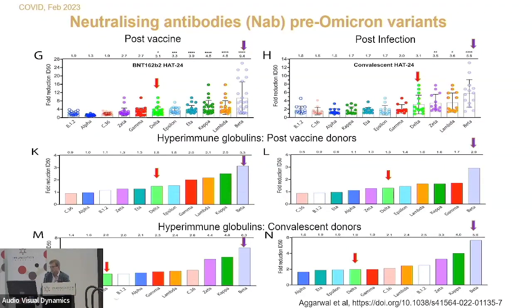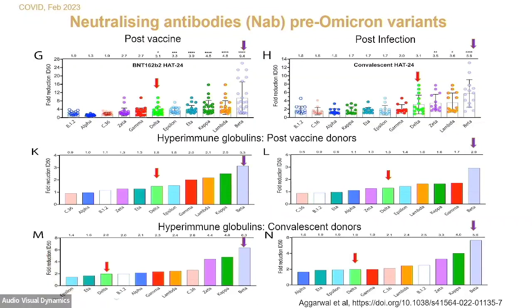What you can see here is that whether you look at the immune neutralizing response from the post-vaccine cohort on the left or the post-infection cohort on the right, and whether you look at individuals or at pooled immunoglobulin IgG from hyperimmune preparations developed from post-vaccine or convalescent donors, most of the variants of concern pre-Omicron were relatively non-immunoevasive.